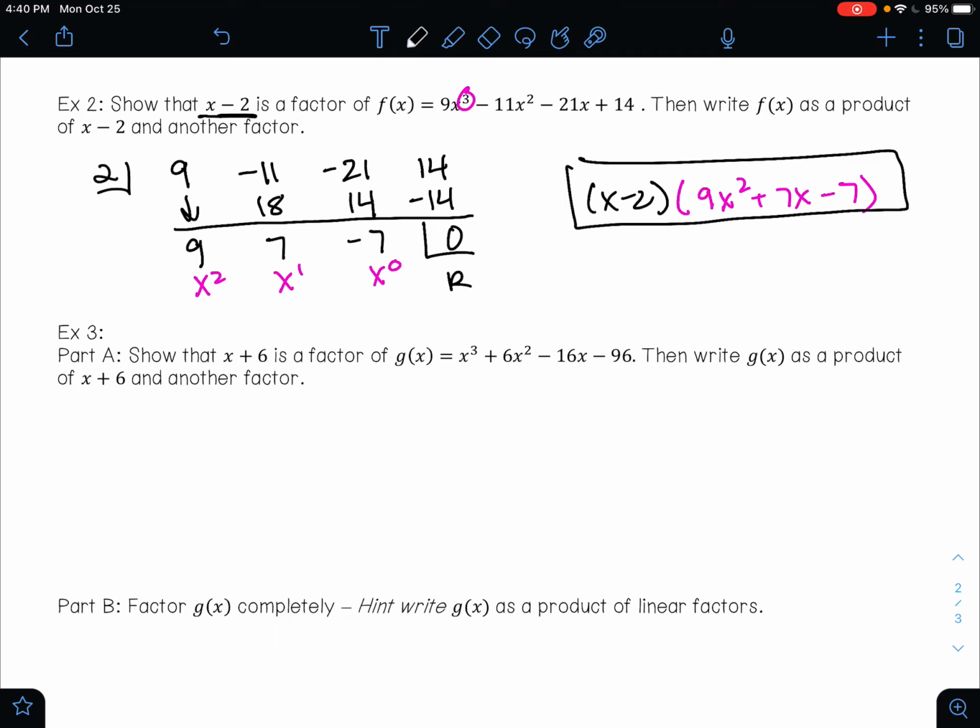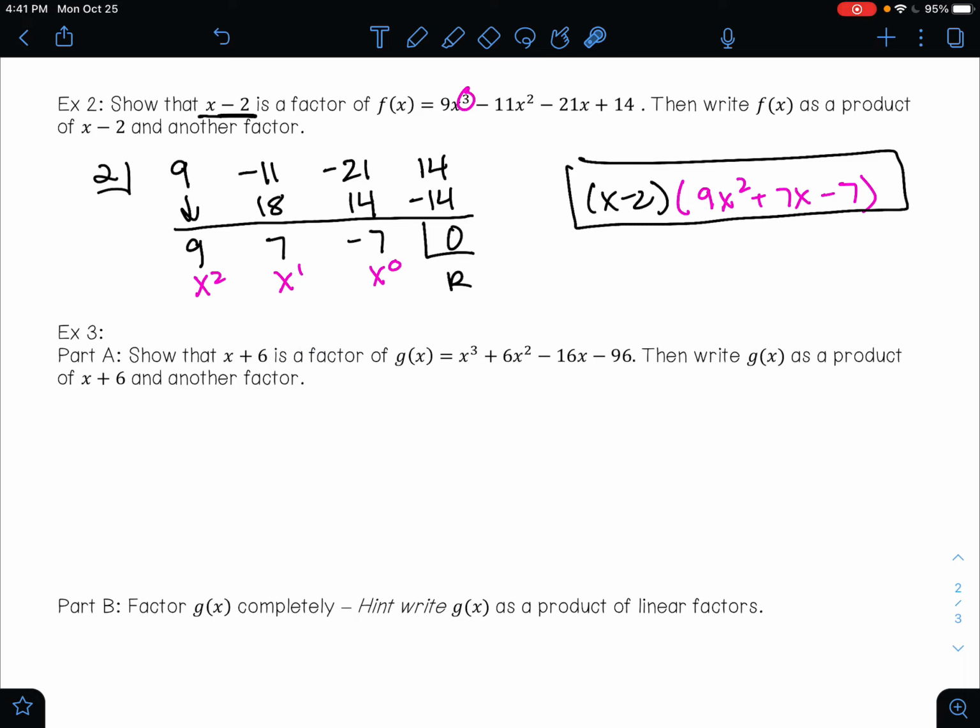Let's look at example 3. Part A. Show that x plus 6 is a factor of g of x equals x cubed plus 6x squared minus 16x minus 96. Then write g of x as a product of x plus 6 and another factor. So this right here has the same exact directions as we did in example 2.